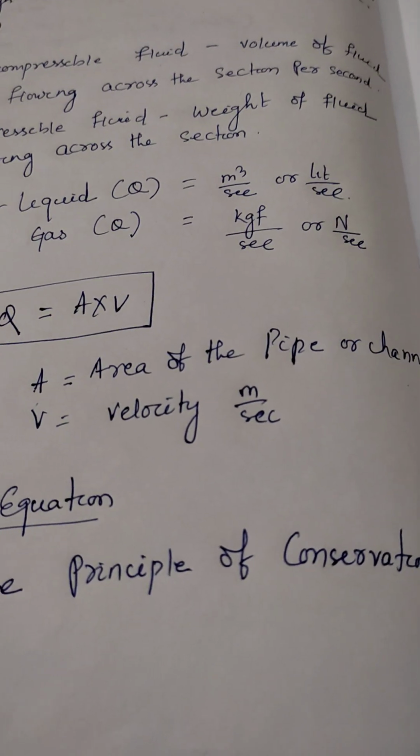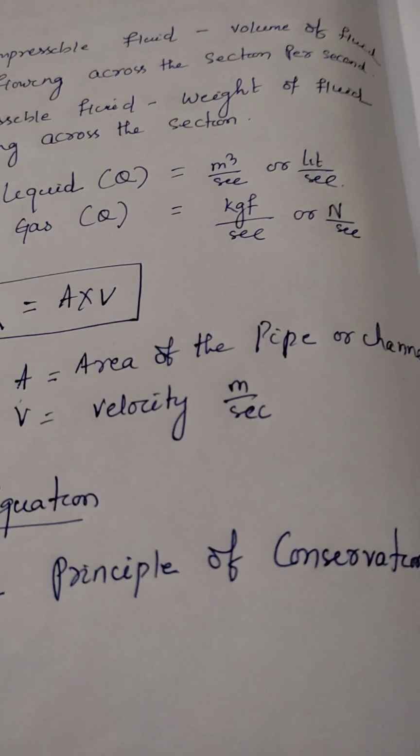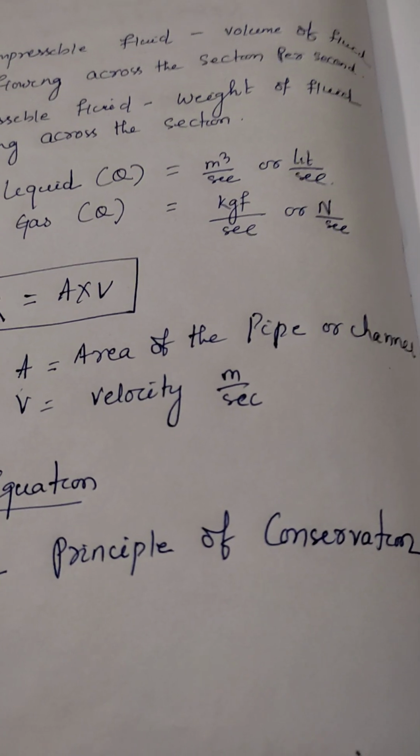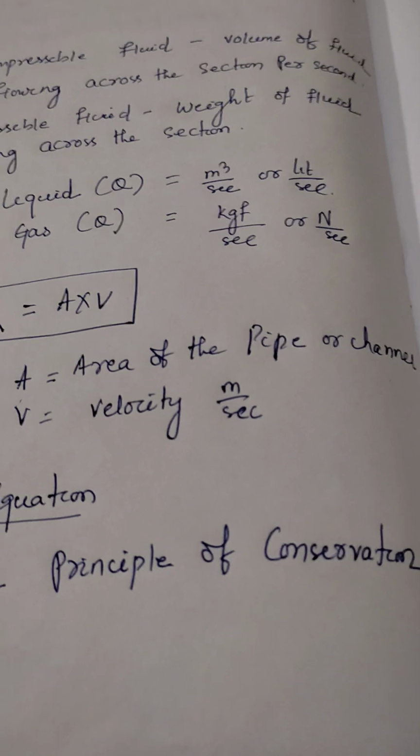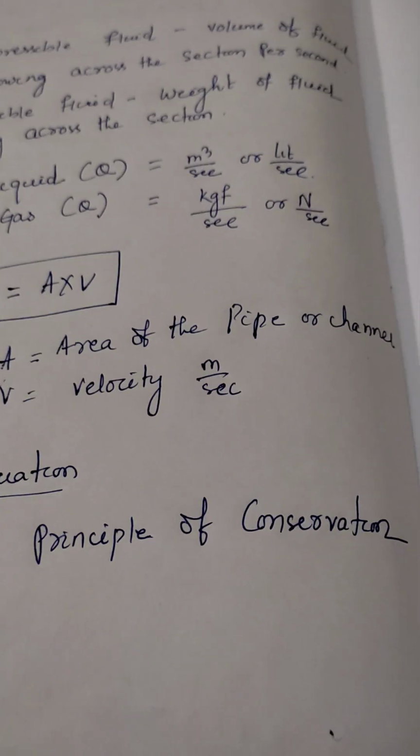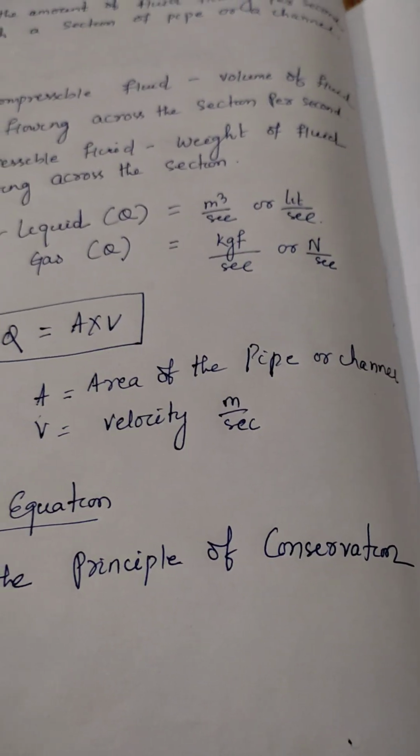Here one question arises: 1 meter cube per second equals how many liters per second? 1 meter cube per second equals 1000 liters per second.